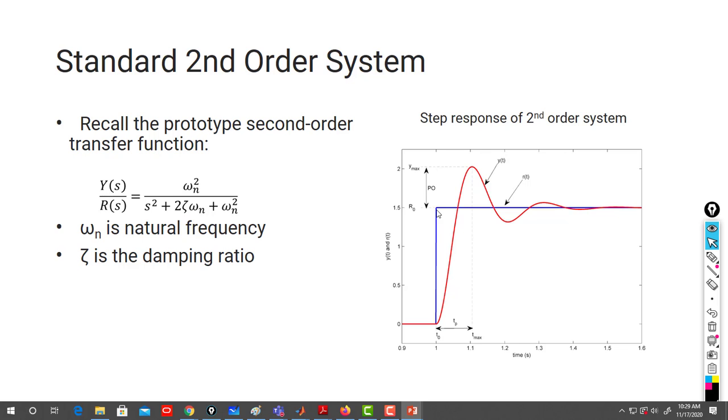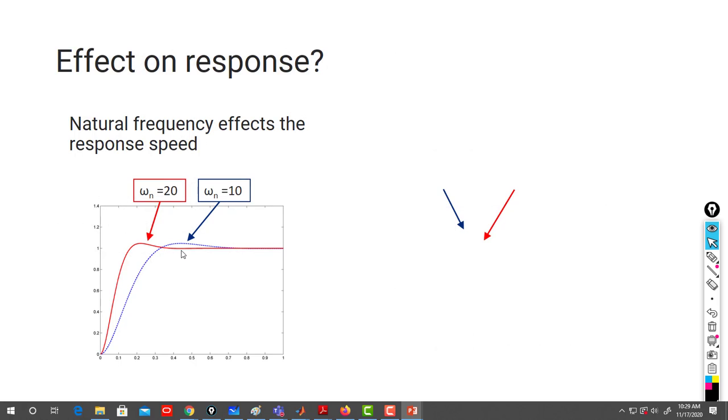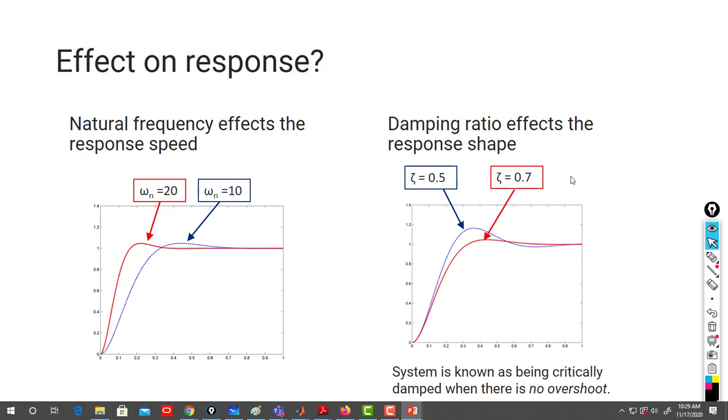Then you get two different responses. So you conclude that omega n affects the speed, increases the speed. What's the effect of the damping ratio? Between 0.7 and 0.5, of course, it is like that. If I take 1, it's critically damped. Over 1, it is an overdamped system.